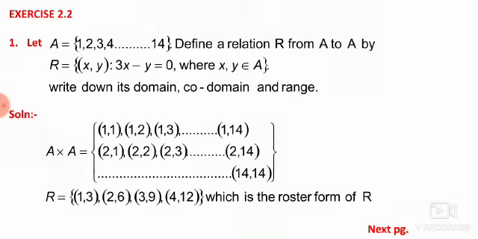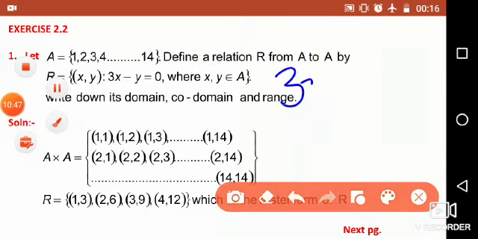To write the domain, codomain, and range of the relation, we should first find what is A cross A. A cross A is a set containing the ordered pairs (1,1), (1,2), (1,3), (1,4), and so on up to (14,14). We have the expression 3x minus y is equal to 0.